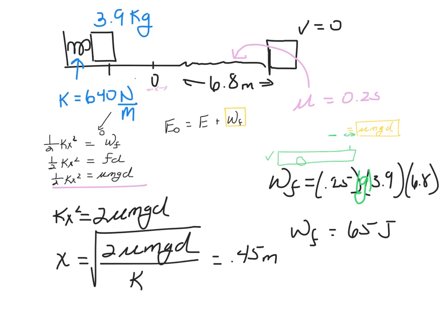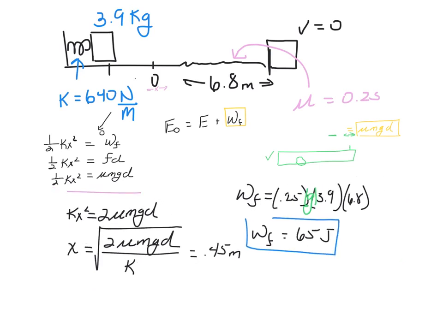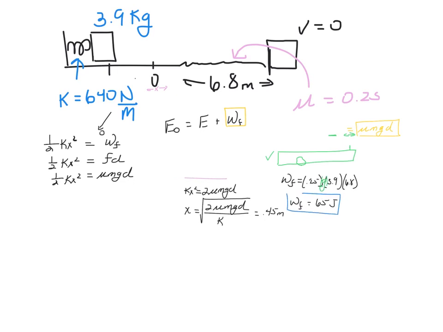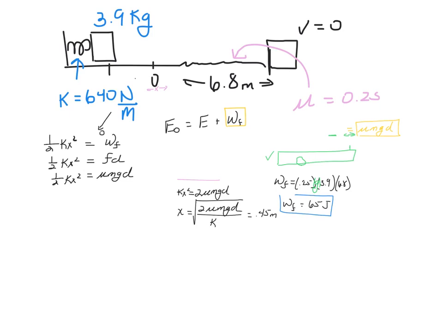And if you see it a little different, if you solved for this part first, what we could have done, which would make it look a little bit more simple, is since we know that mu mg d is 65, you can just plug in that number for the mu mg d.